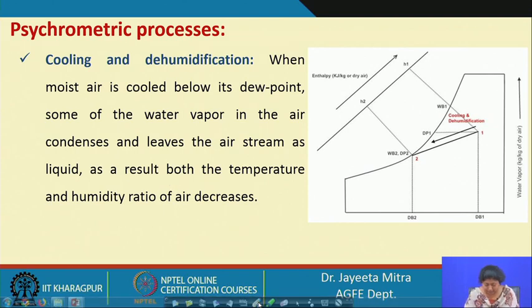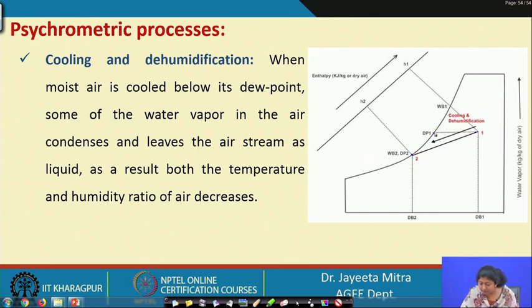We can see in the psychrometric chart the cooling and dehumidification. In the initial condition 1, the dry bulb temperature was DB1; when the air gets cooled, it reaches condition 2.